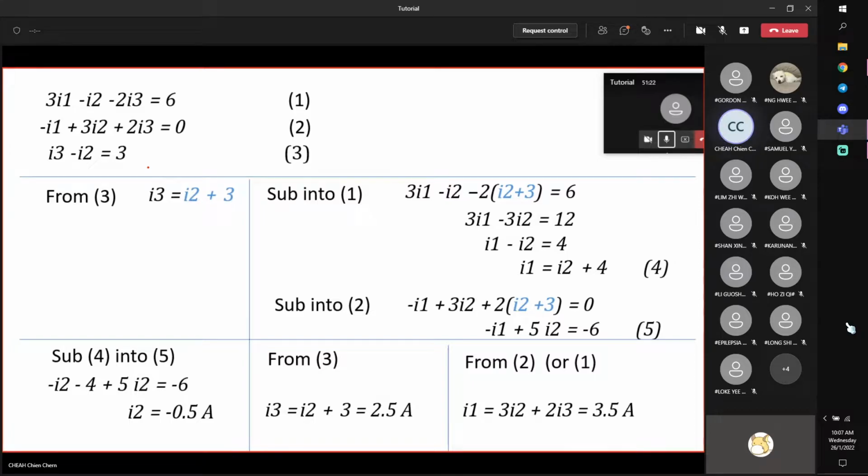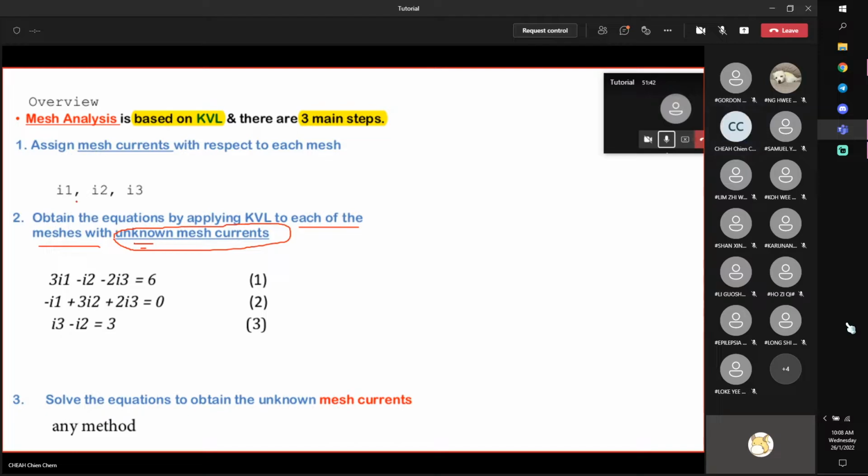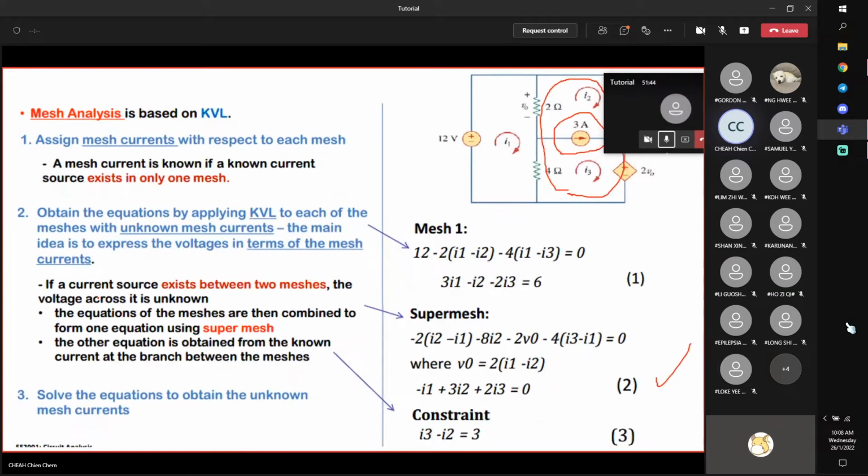so as to solve it. And in examination, even though nowadays you can get approved calculators to solve these 3 equations easily, in circuit analysis take note that it's quite easy to make mistakes in writing down the equations.